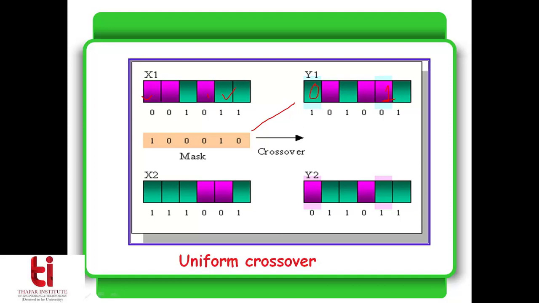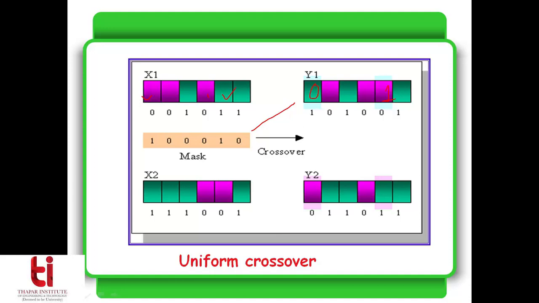Whenever the mask value was 1, in offspring 1 I change that particular bit from parent 1, whereas the rest remains the same.